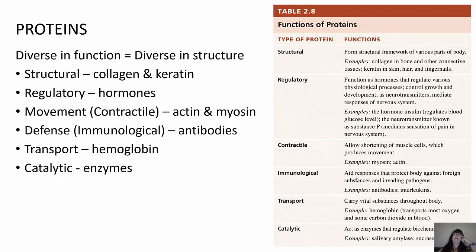Structural, for example, collagen and keratin make our hair and nails stronger. Regulatory, like hormones. Movement, like contractile, actin and myosin. They contract our muscles. Defense, so immunological, antibodies are actually proteins. Transport, hemoglobin transports oxygen. And then catalytic, like enzymes.